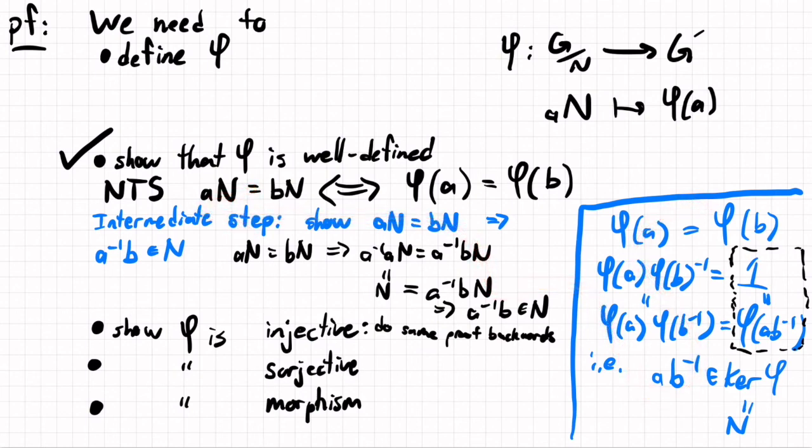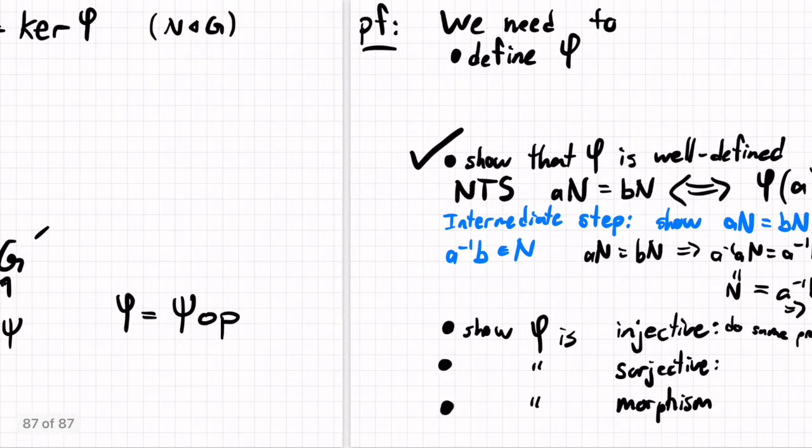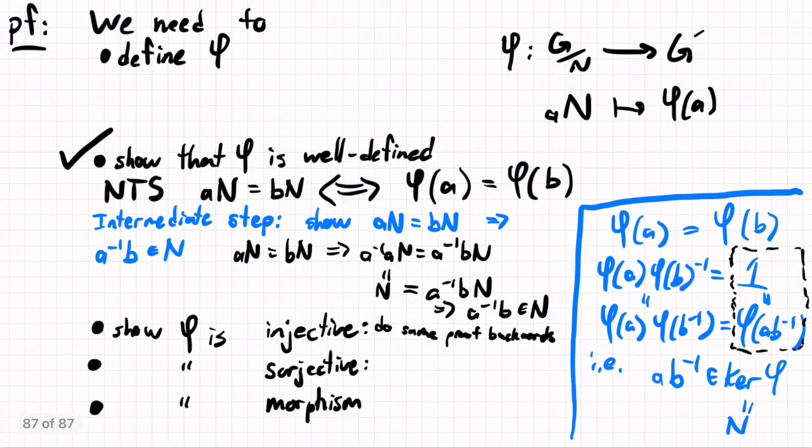To show that phi is surjective, well, that just follows from the fact that, I guess I should say psi. Really, I meant psi everywhere I was writing phi here. Phi and psi are closely related, so maybe don't worry too much about the fact that I wrote phi instead of psi.